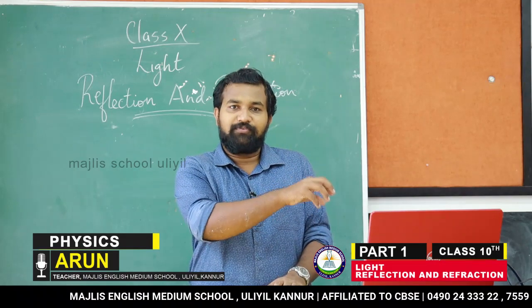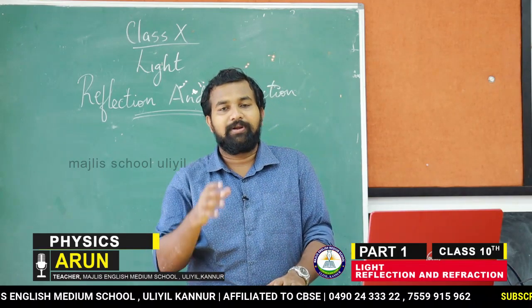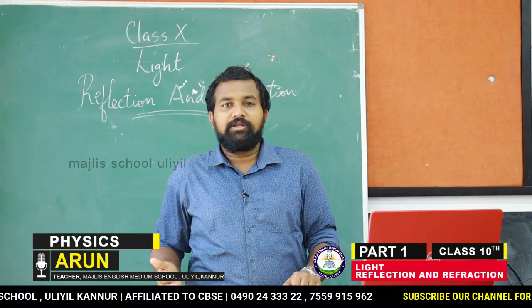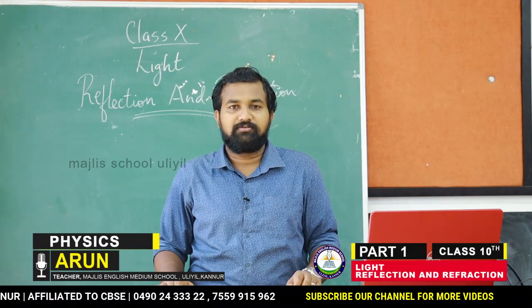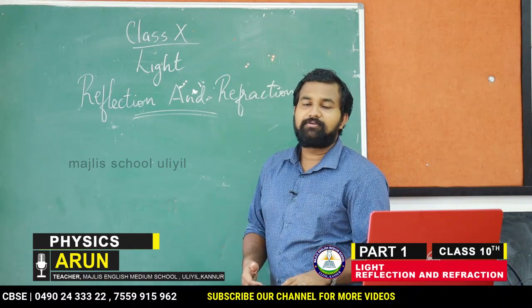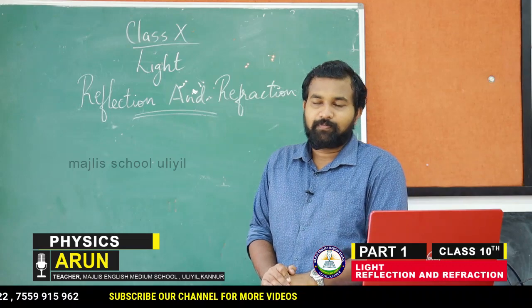One is light, reflection and refraction, and the second section is human eye, colorful world. Then the second unit we will have electricity and magnetic effects of electric current, 2 sections. Okay, so today we will be dealing with the first chapter, that is chapter 10, light, reflection and refraction.